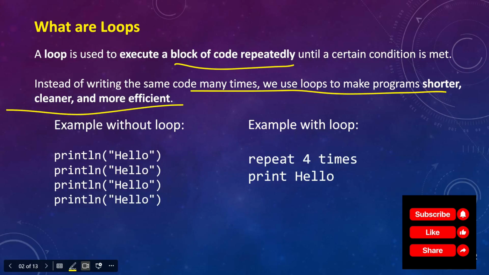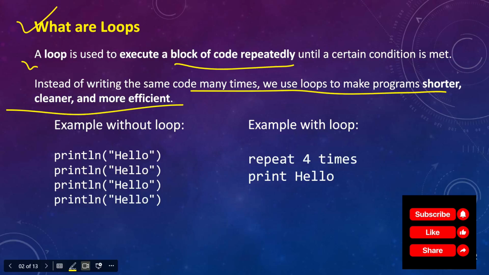So first of all, see what are loops. Loops are used to execute a block of code repeatedly until a certain condition is met. Instead of writing the same code many times, we will use loops to make the program shorter, cleaner, and more efficient.